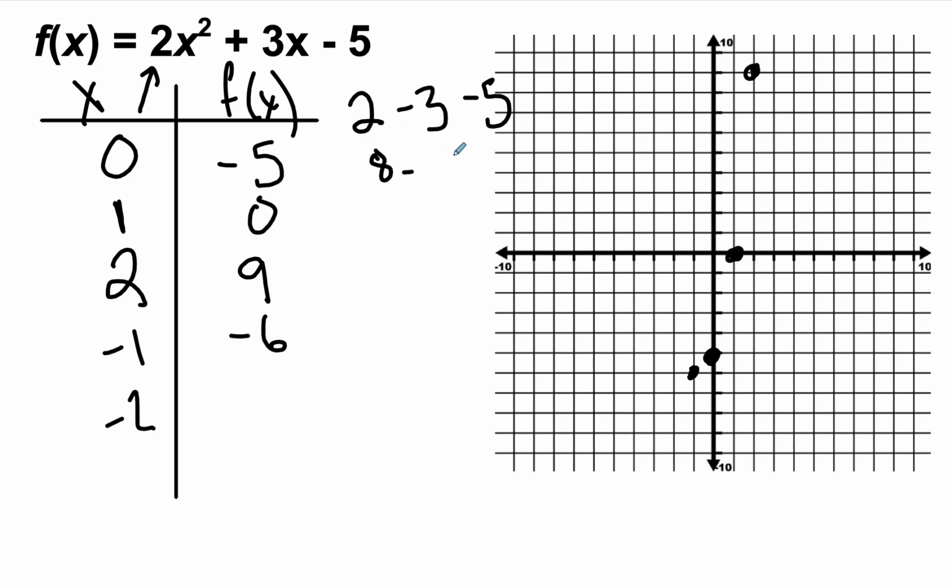Then this gives me 3 times negative 2, negative 6. So I've got 8 minus 6, which is 2. And 2 minus 5 is negative 3.